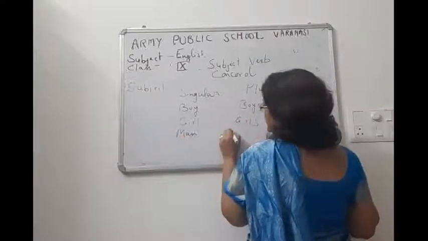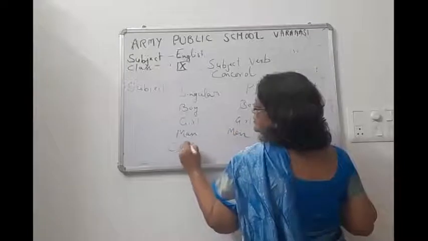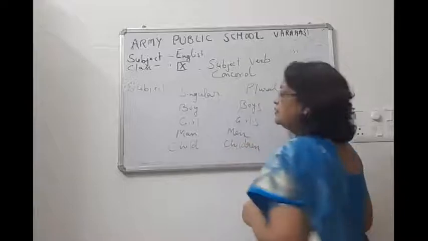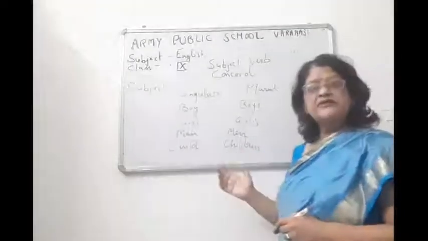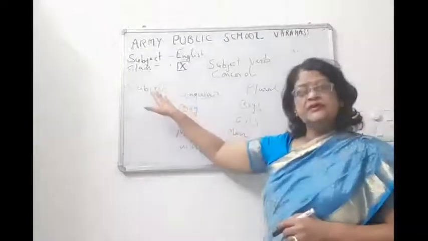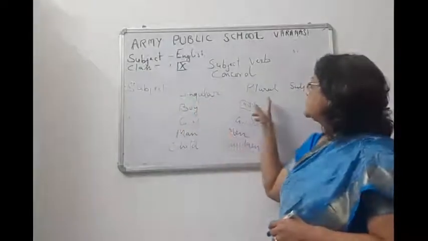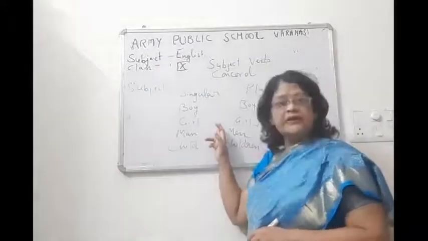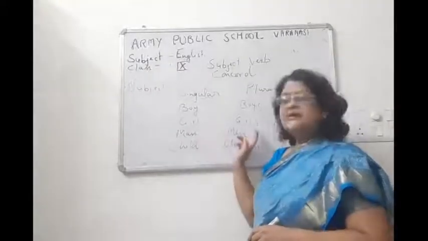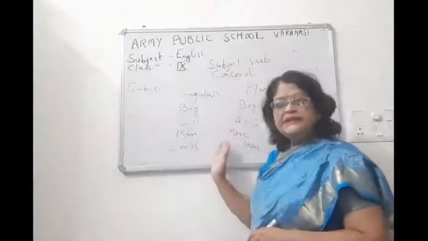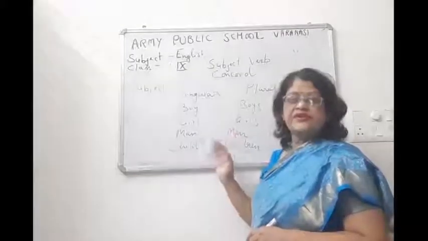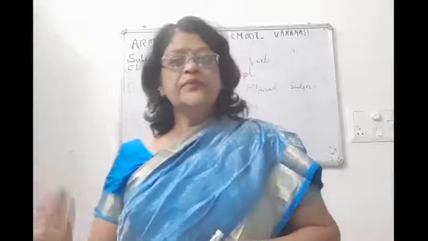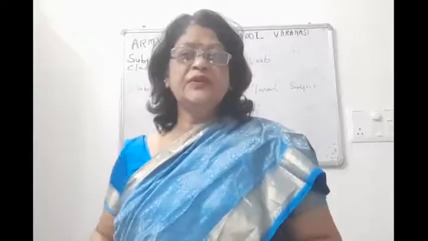Man, men. Child, children. So if a singular subject is there, and if a plural subject is there, boy will become boys, girl will become girls, man will become men, child will become children, and so on. Fox will become foxes, toy will become toys. So we all know what is singular and plural.